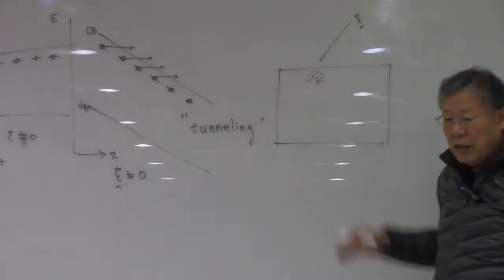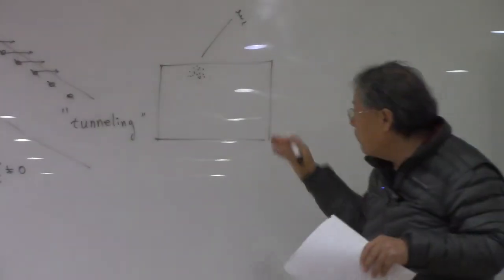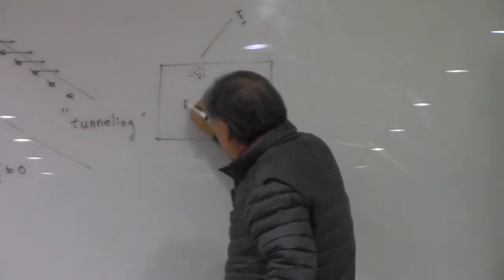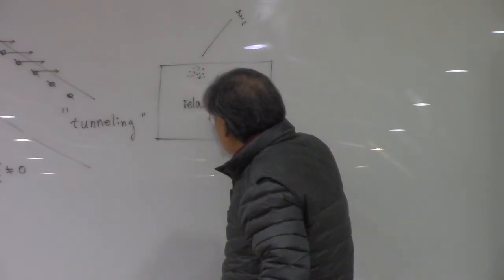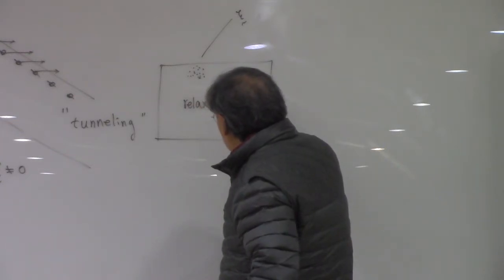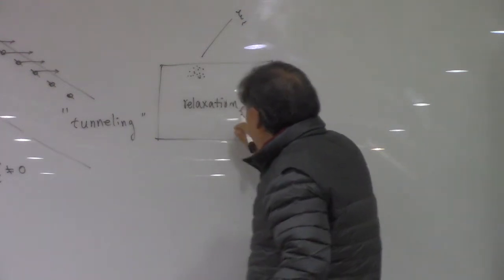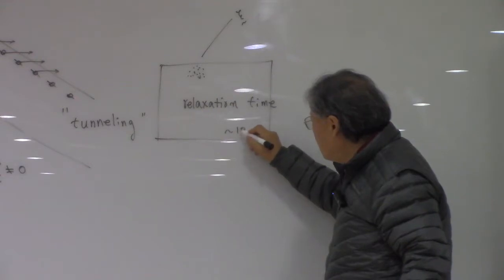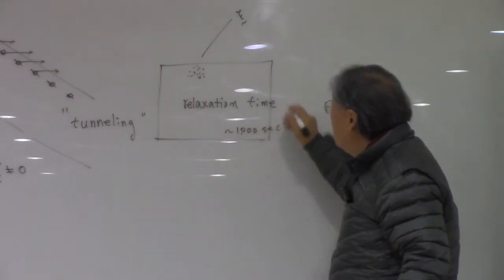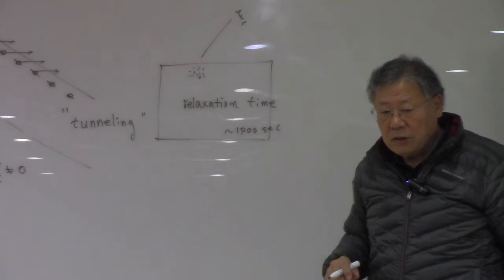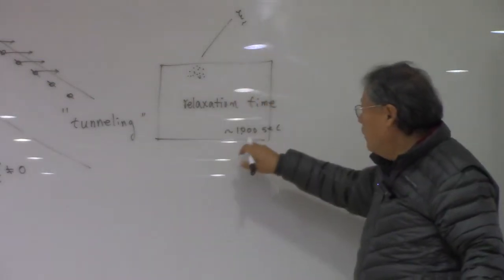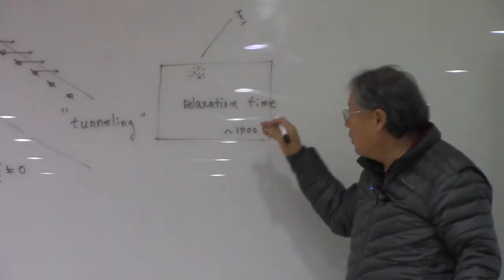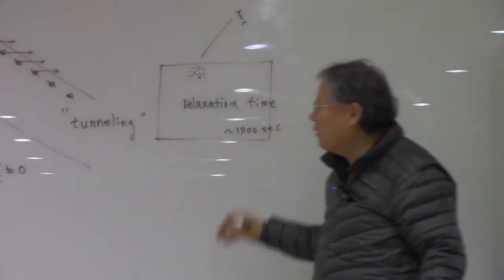But if it is an insulator, then the lifetime of these electrons, which we call the relaxation time, is very big. It can reach 1,000 seconds in an insulator, so it can live 1,000 seconds if you inject the electrons into the insulator by a high electric field.